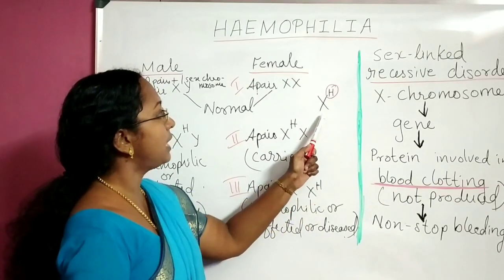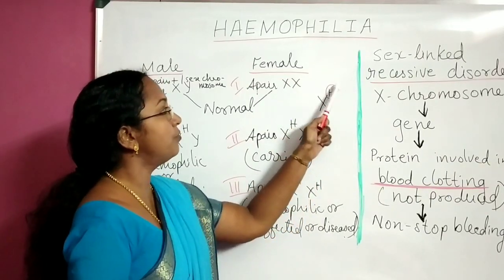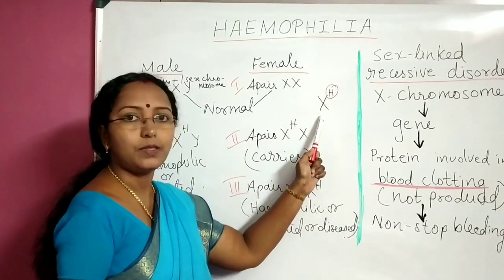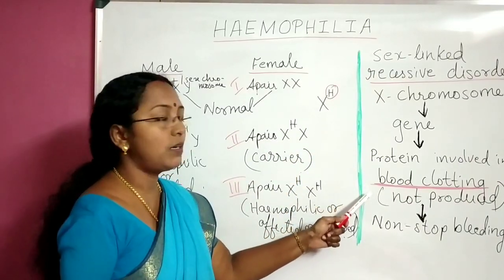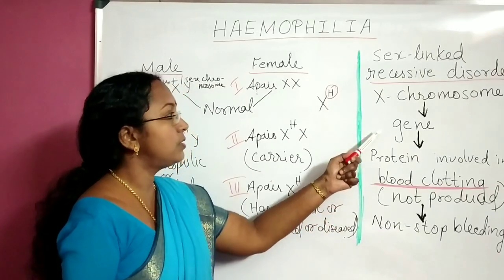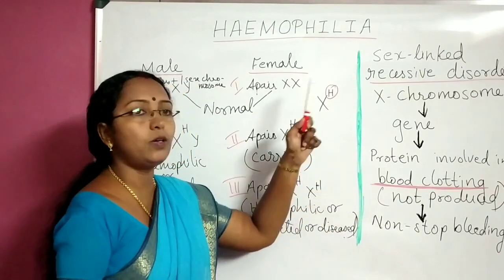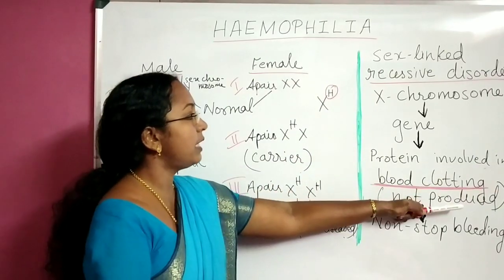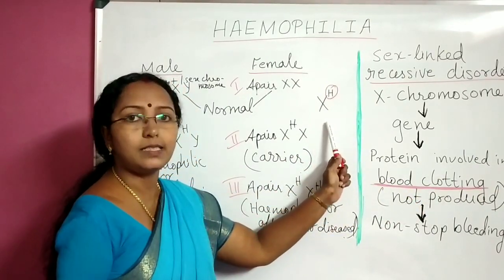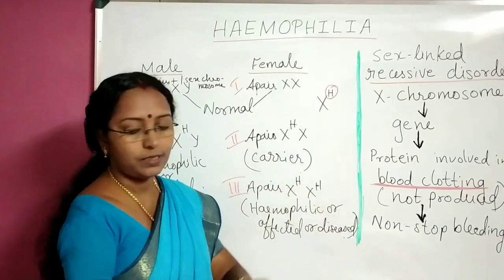That is the meaning of XH. That is the haemophilic X chromosome. Haemophilic means the protein for blood clotting is not produced, that is, the gene which produces the protein is not functioning. So when I write XH here, it means it is affected, diseased.